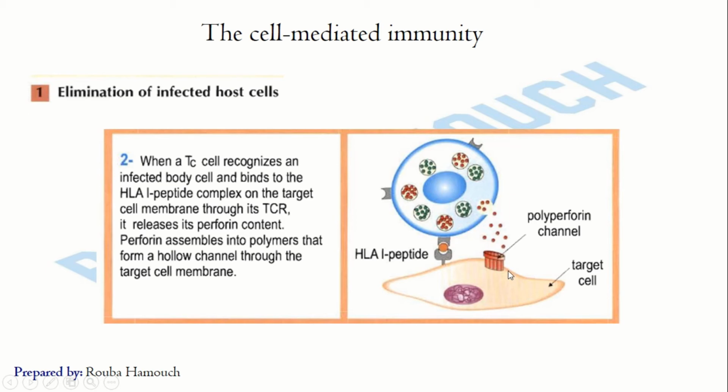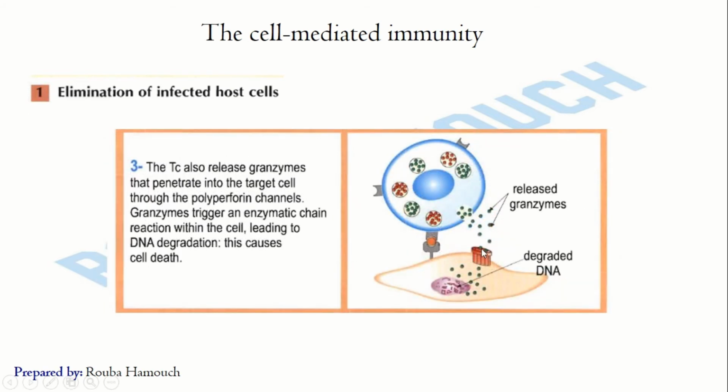Then the TC cell releases granzymes that penetrate into the target cell through the polyperforin channels. In green, these are the granzymes. They are now in the cytoplasm of the target cell.